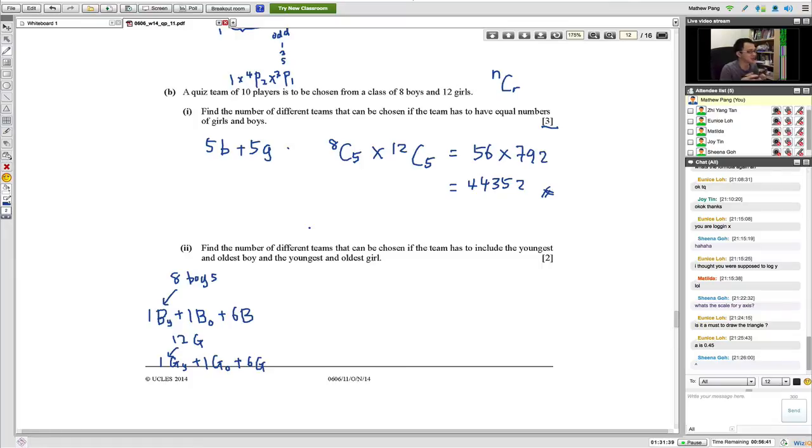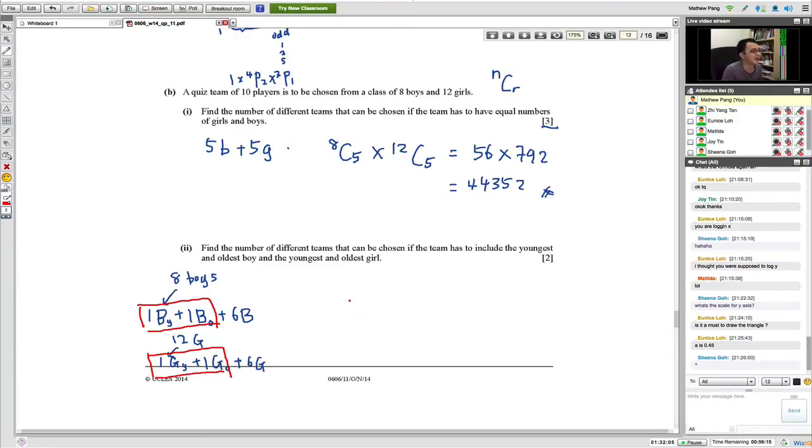Okay, so find the number of teams that can be chosen if the team has to include. That means the question says you must include these 2 persons, and then you must include these 2 persons also. So now we already have 4 members in the team.